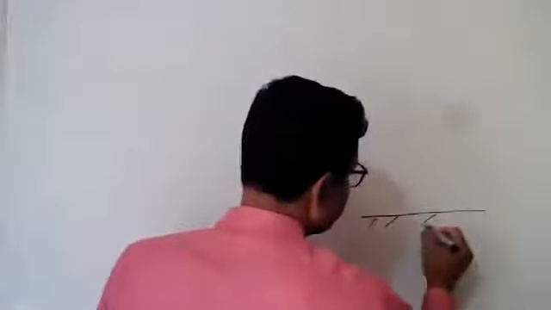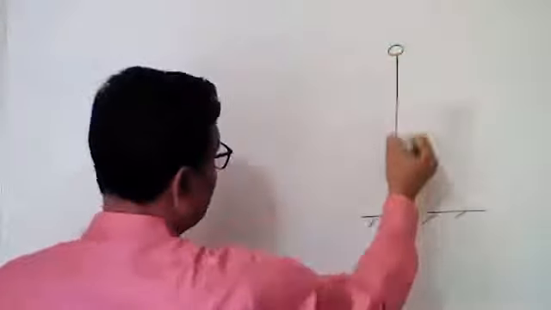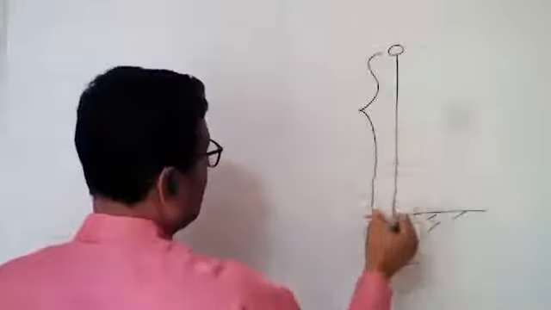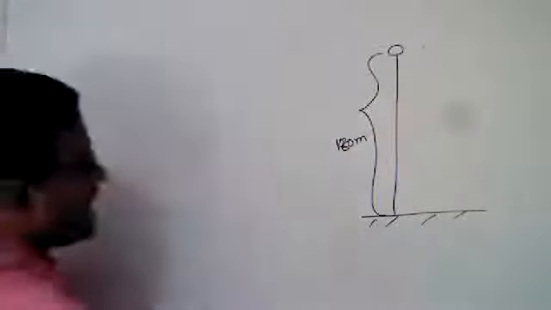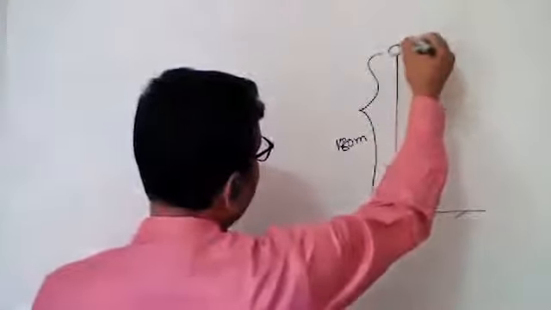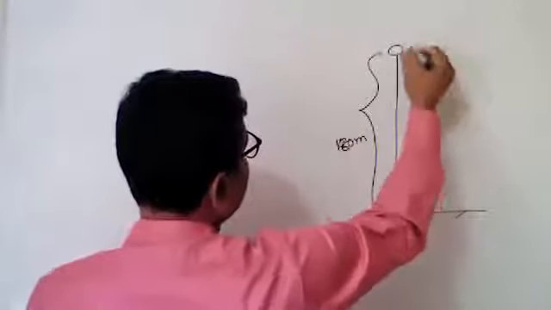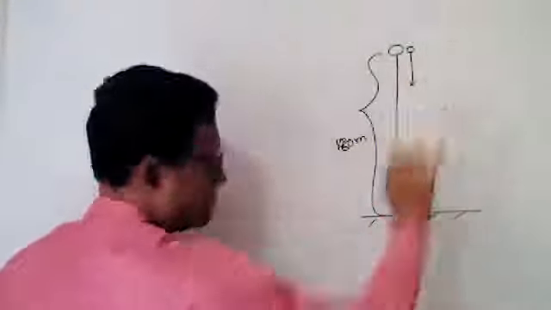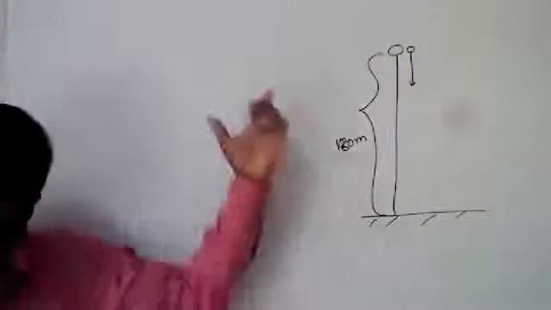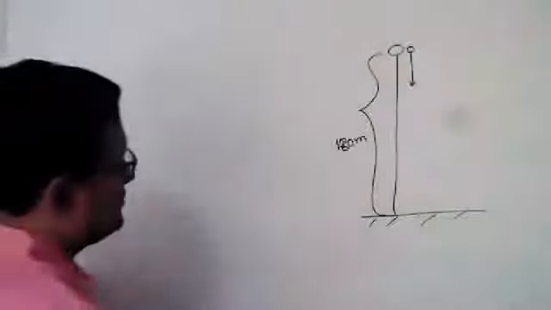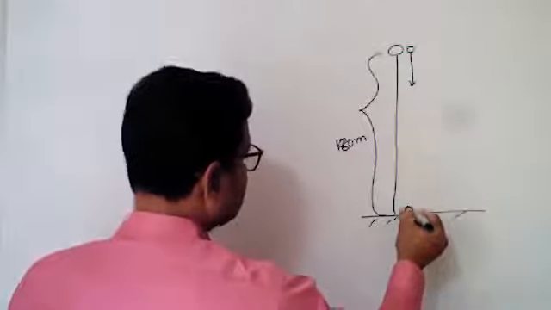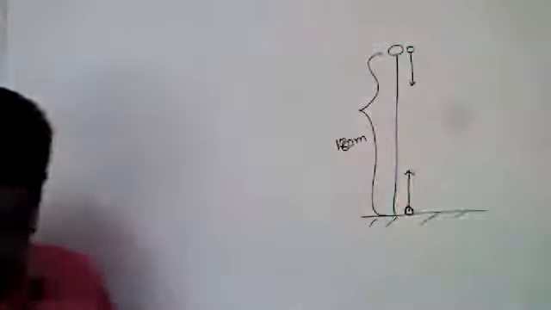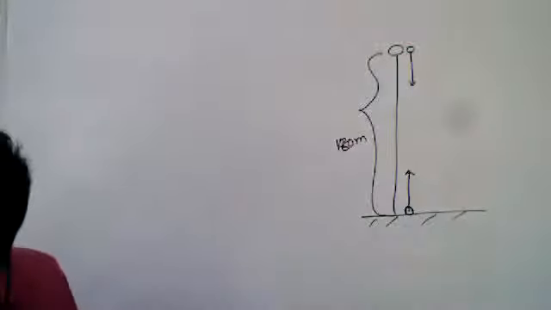Suppose this is the ground and the height of the tower is 180 meter, and an object of 5 kilogram is falling freely from the top of the tower or any other building, and here an object is thrown vertically upward.